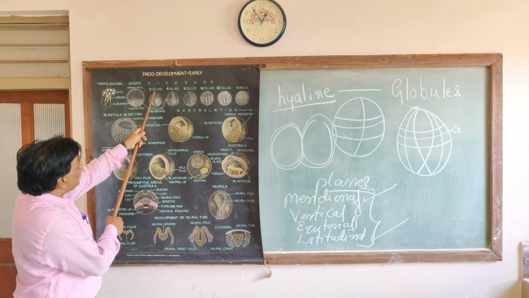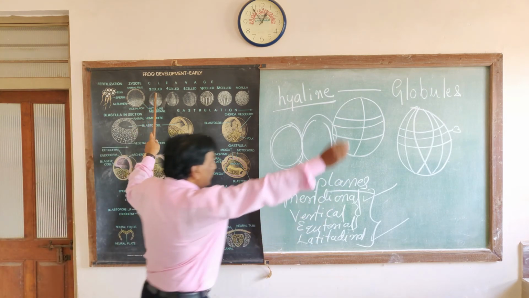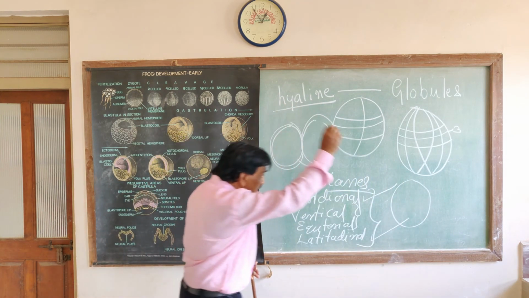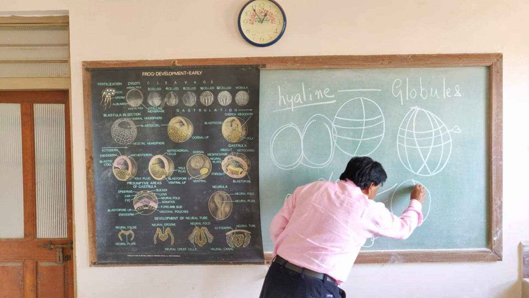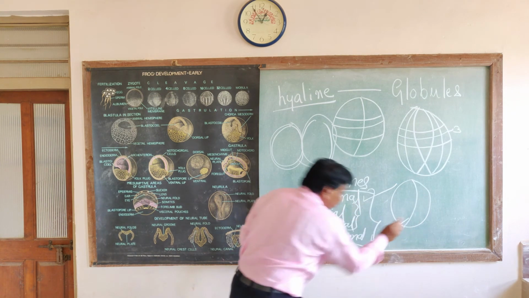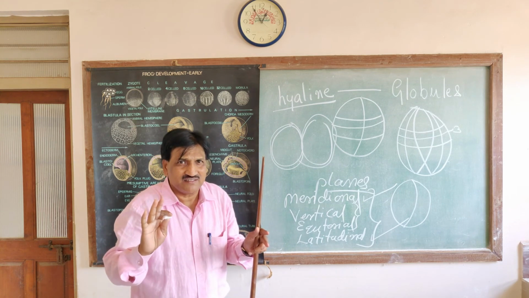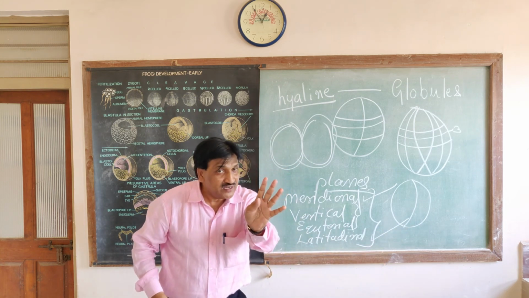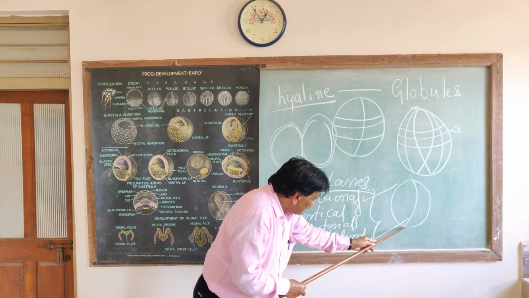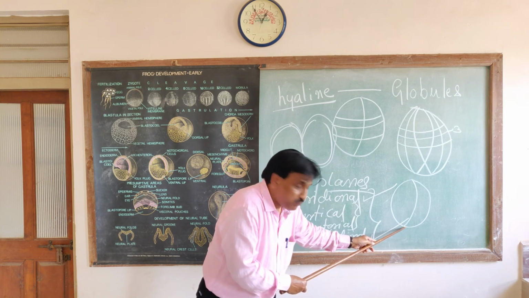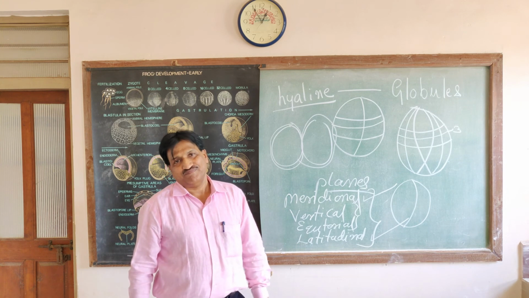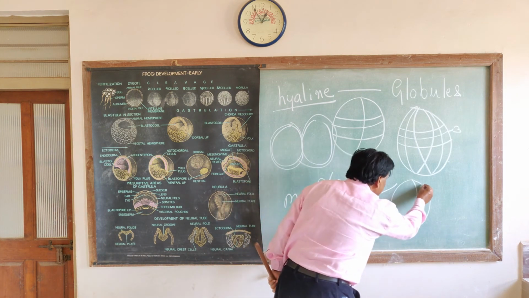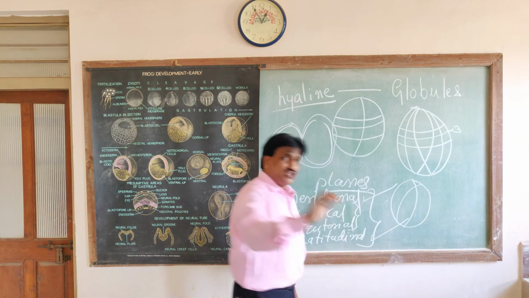The first cleavage plane is meridional, starting from the animal pole and gradually extending towards the vegetal pole, passing through the central axis. The second cleavage is also meridional, at right angles to the first one.